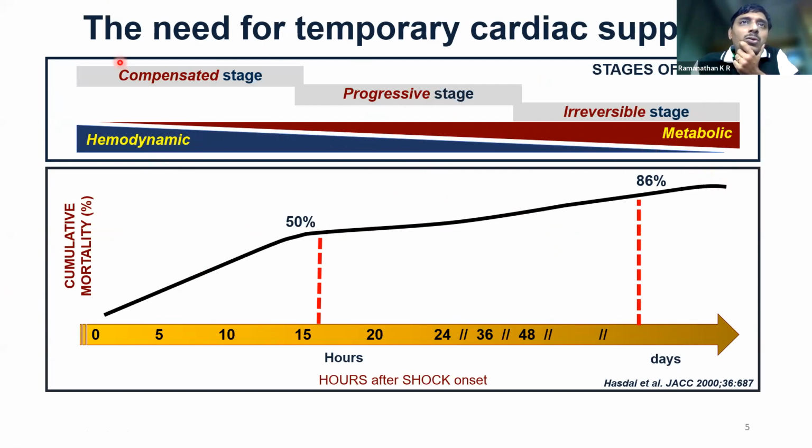Now, as it progresses through these various stages, you would get to see that the hemodynamic stability slowly comes down, or the patient becomes more unstable, and you get the metabolic sequelae of a failing heart. And that clearly is associated with a worsening mortality. So essentially, if you're going to capture your patient during the early compensated phase, you can do a lot of wonders.